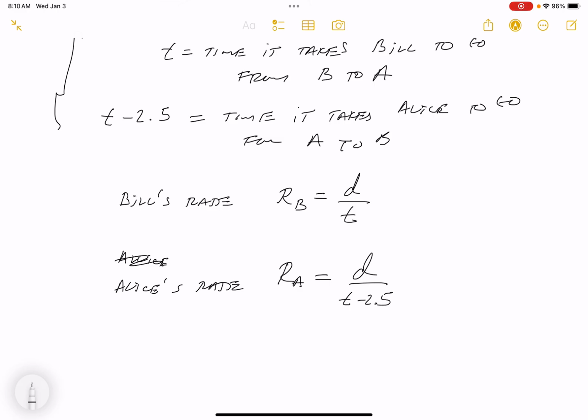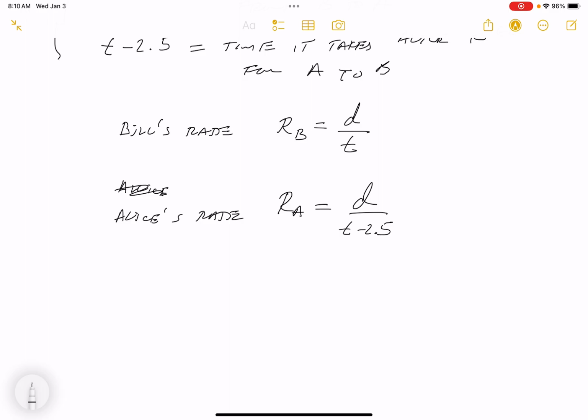Okay, what do I know? I know in 3 hours they meet each other. So it's going to be 3 times D over T plus 3 times D over T minus 2.5 would cover the entire distance.